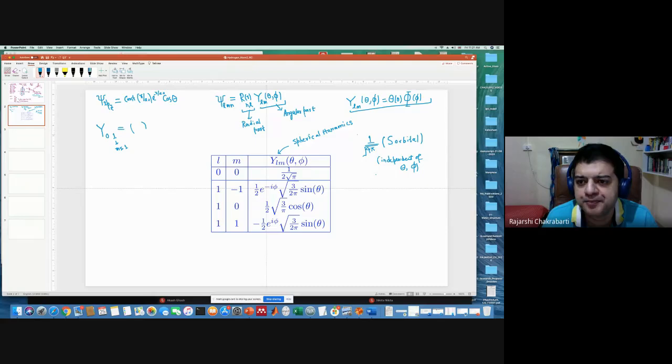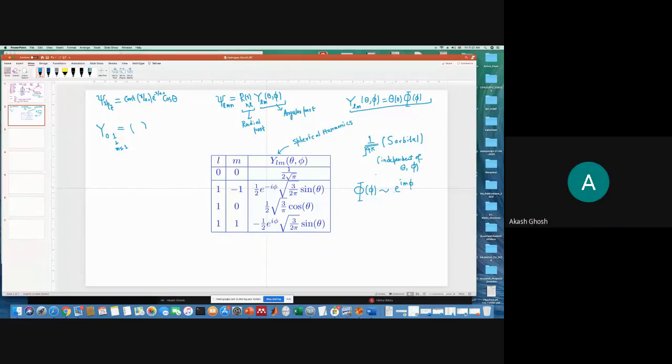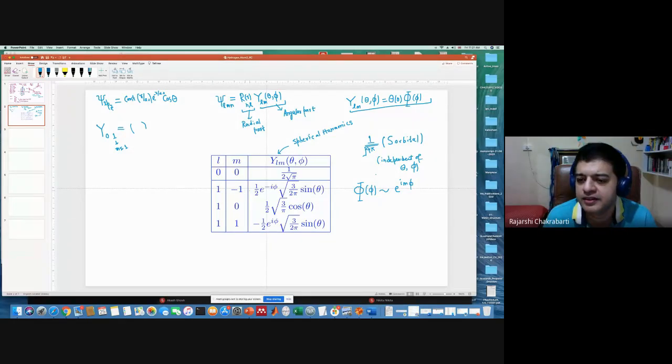Structure is like that. What about the phi part? This one everybody should remember. Very easy. It was something like exponential of i m phi. And this phi part was actually this exponential. If m is 0, this is 0, so that's why there is no phi dependence. Also, you can see there is no theta dependence when m is 0.